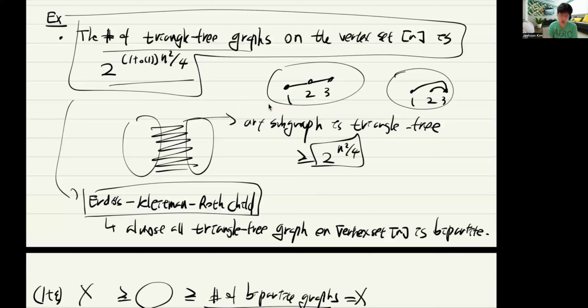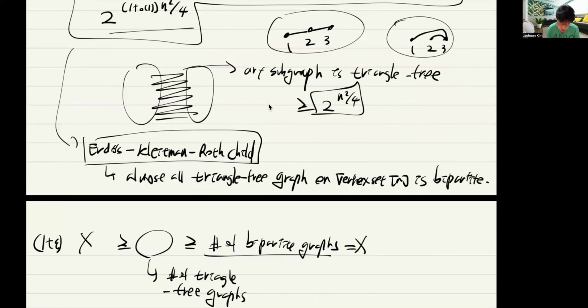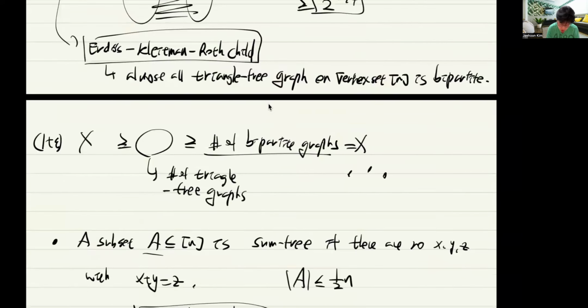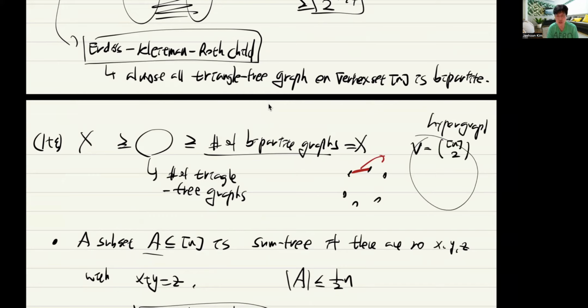Here, again, triangle free. So here, we count the graphs. So you have a graph, and for each pair, it's either added or not added. So you can consider the hypergraph with vertex set the pairs of vertices.